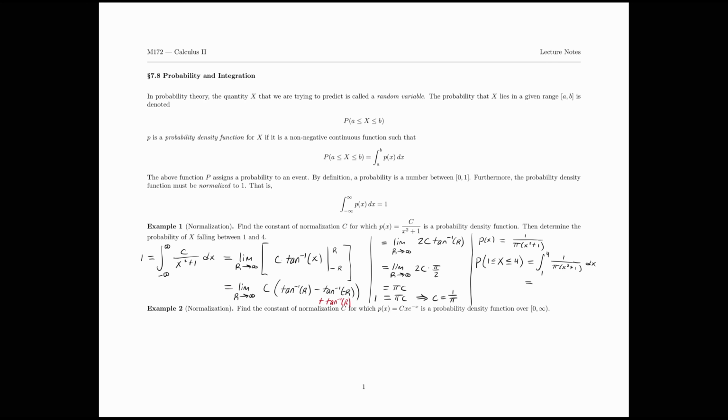As before, this integrates to arctangent, so tan inverse of x between 1 and 4. Put this over pi: this would be tan inverse of 4 minus tan inverse of 1.